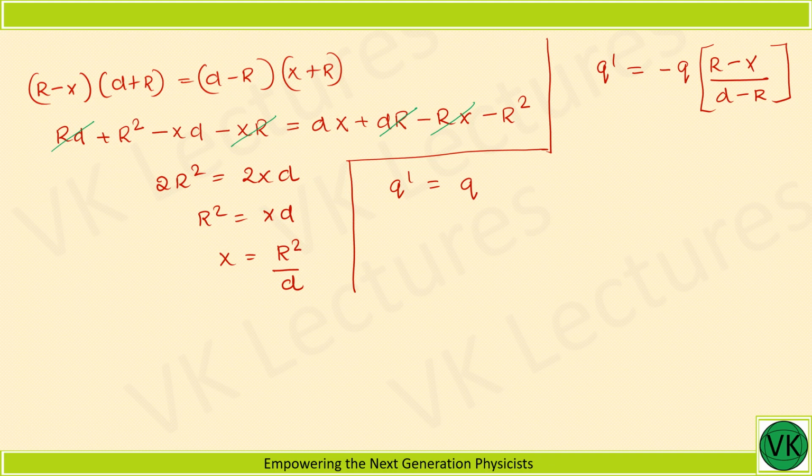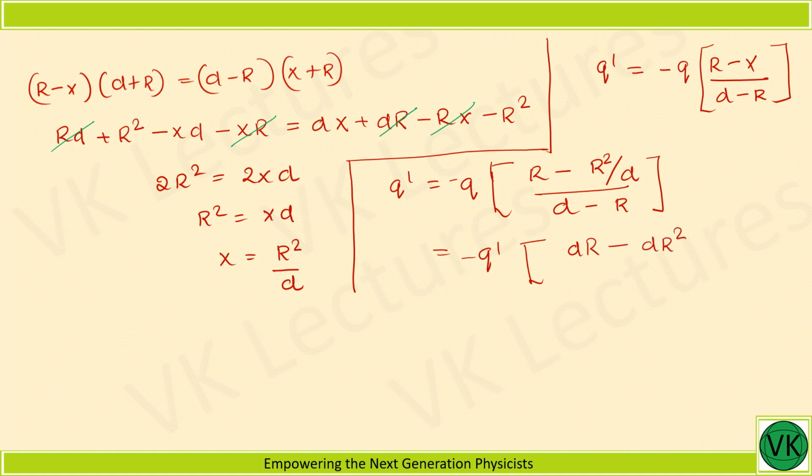Minus q into r minus r square by d, divided by d minus r. Now that's equal to minus q into dr minus r square, divided by d, divided by d minus r.